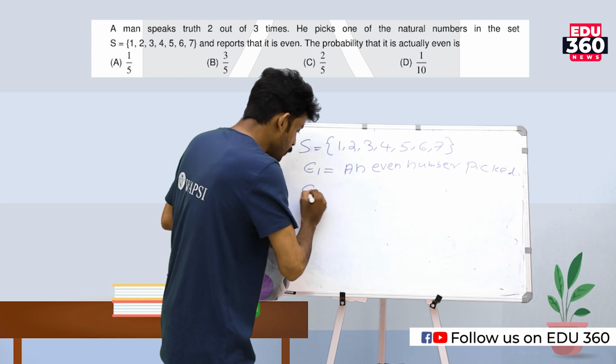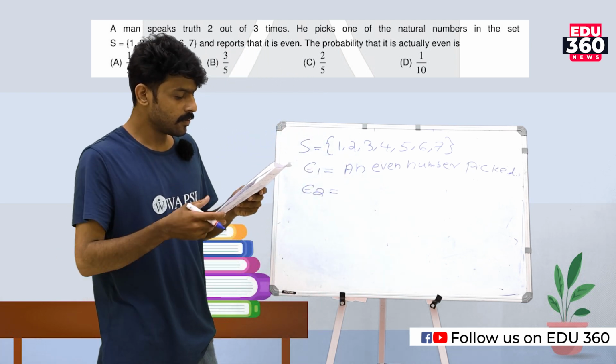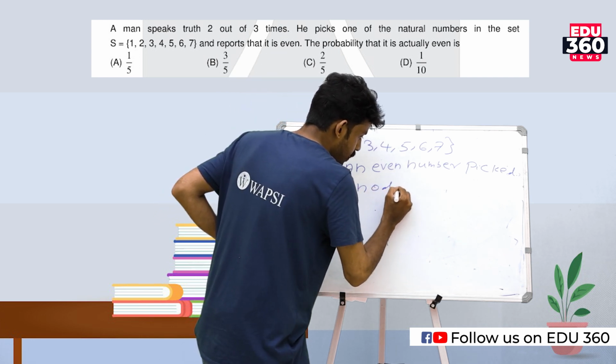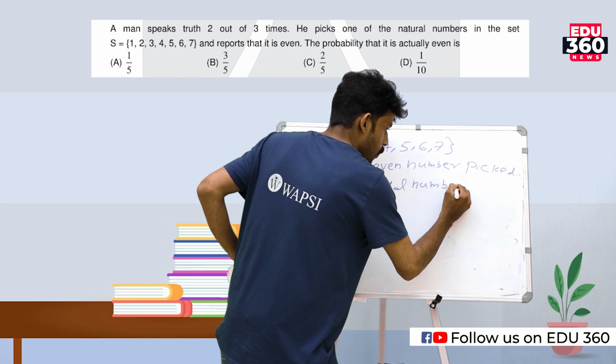And we can write E2. What is E2? E2 is equal to an odd number picked.